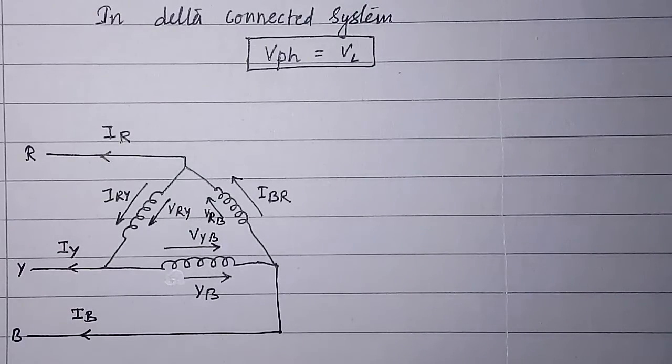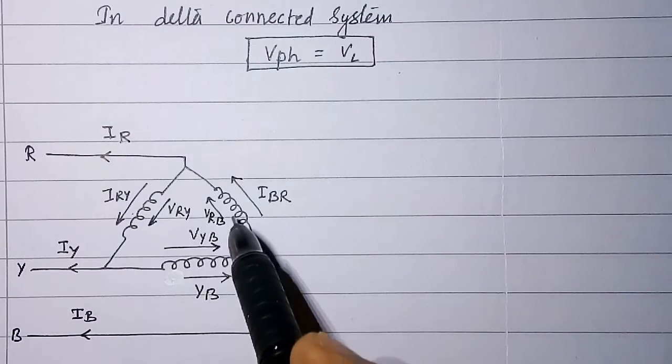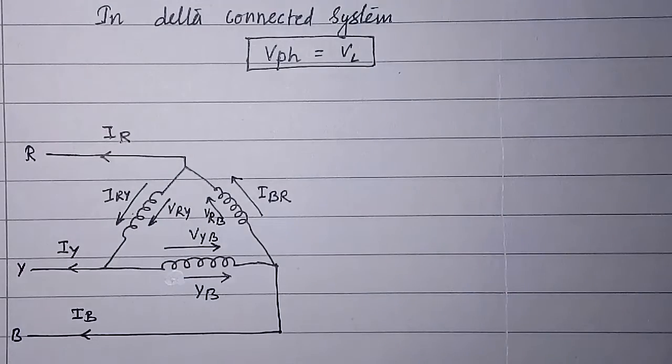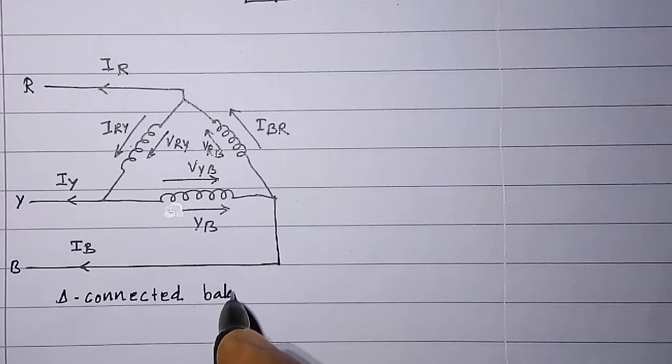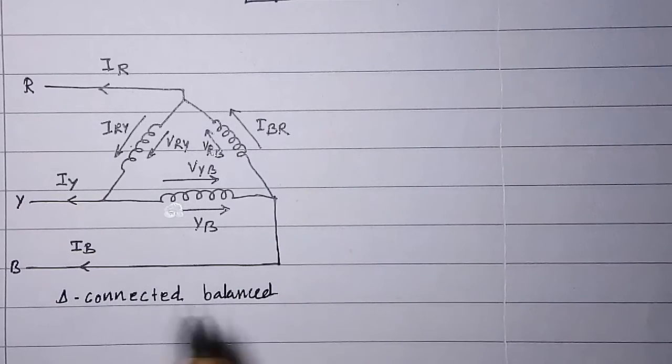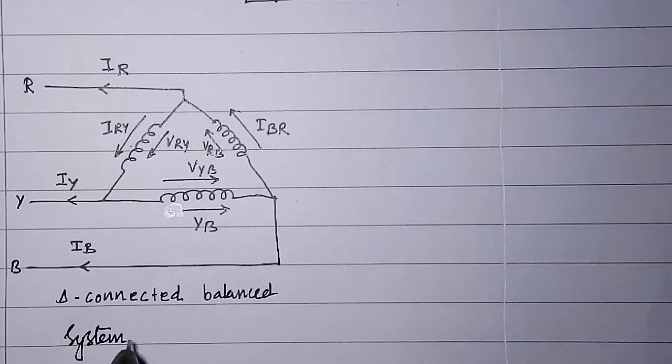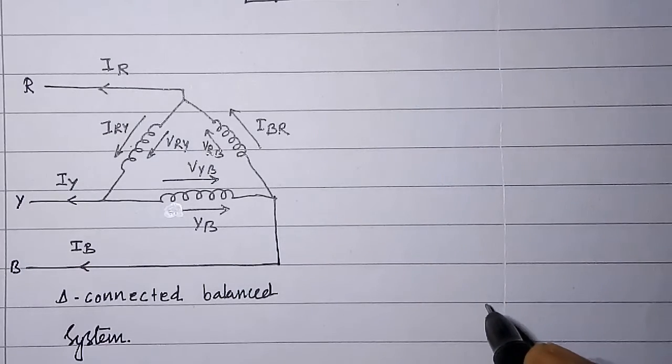So in this delta connected balanced three-phase system, I have shown phase currents, phase voltages and line currents. It is delta connected balanced system. Next we will draw phasor diagram.